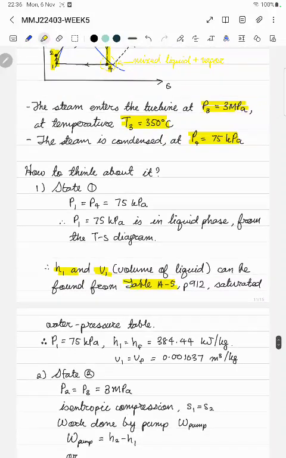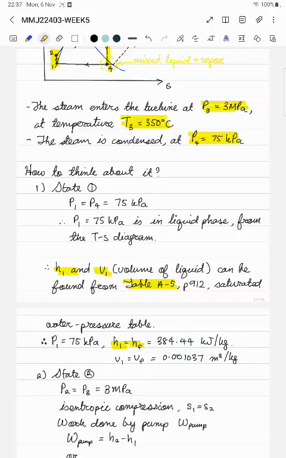Now at P1 equals 75 kilopascal, the enthalpy H1 is equal to Hf. F stands for fluid, meaning it's in the form of liquid.